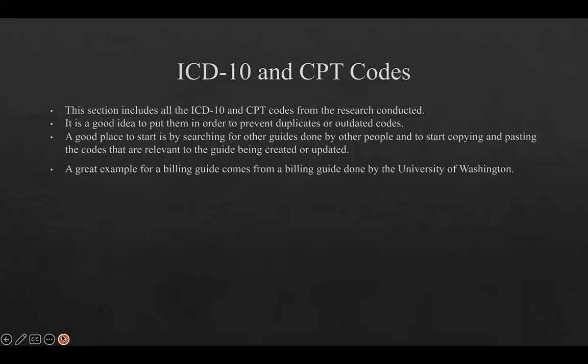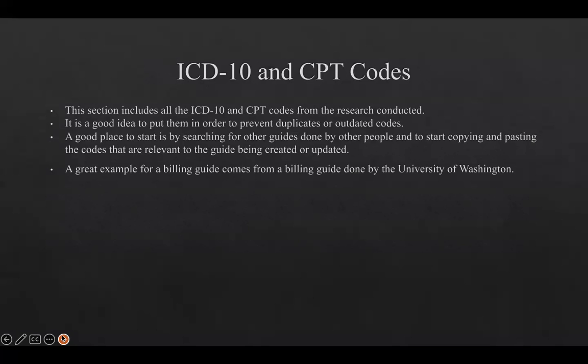The next section should include the ICD-10 and the CPT codes, as well as any other codes that you may come across that you feel are very relevant to your guide. It's a really good idea to put them in order to prevent duplicates or outdated codes, because if you pull from four or five different guides, they can all loop together and get very confusing, or one code may not be applicable but another is.